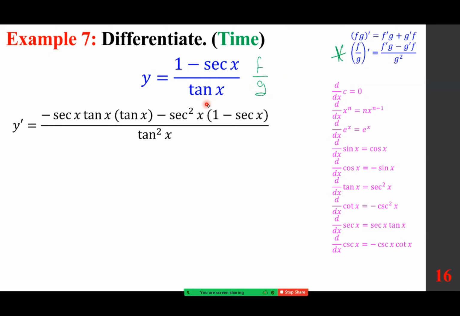So we have f prime g minus g prime f over g squared.